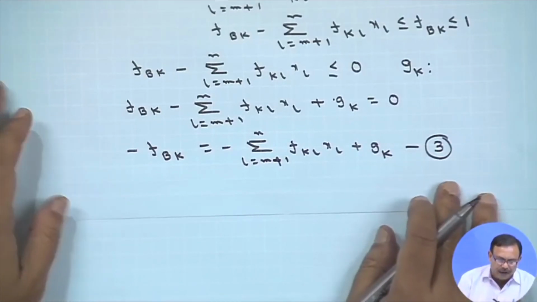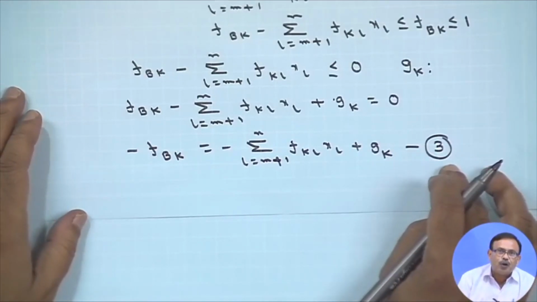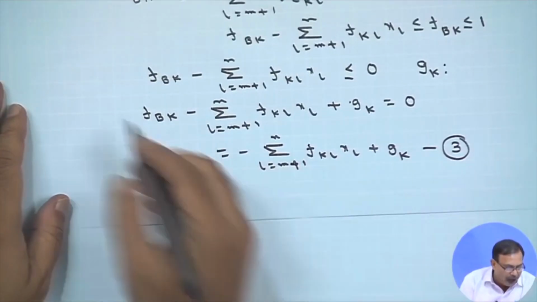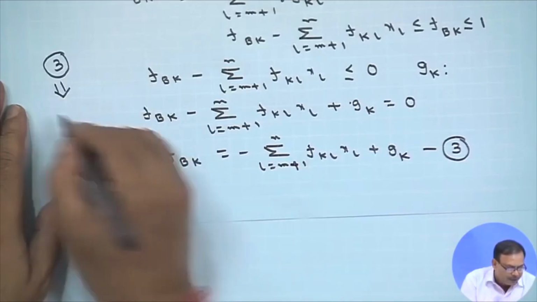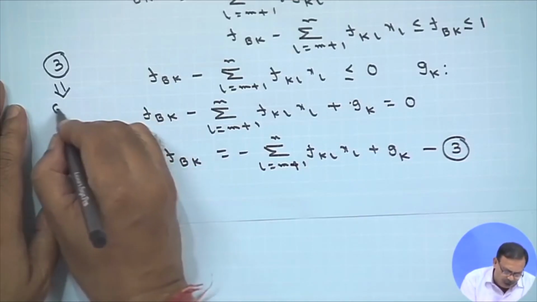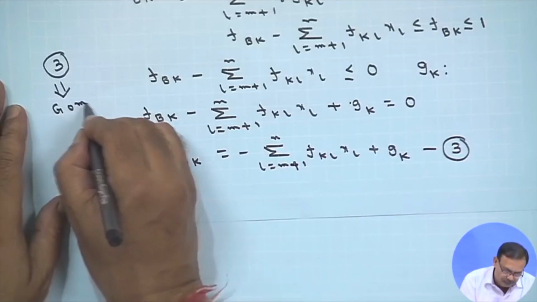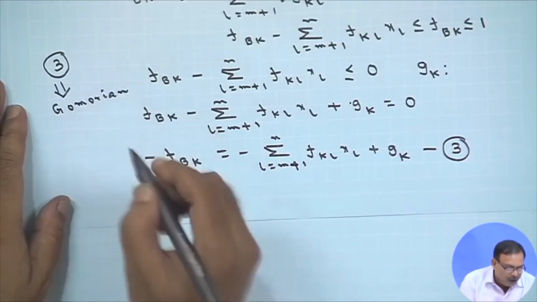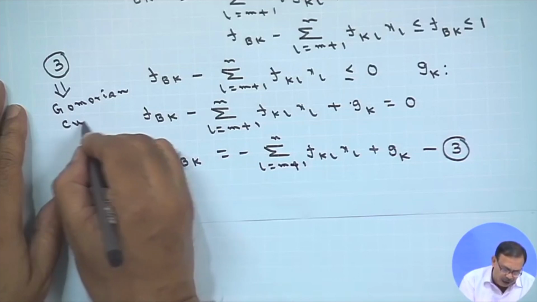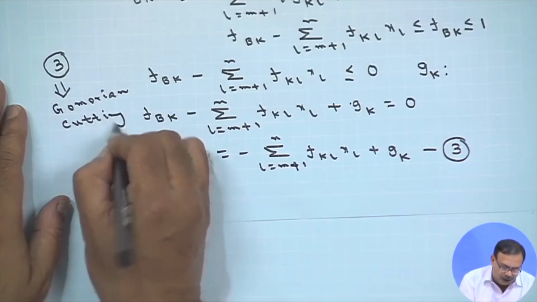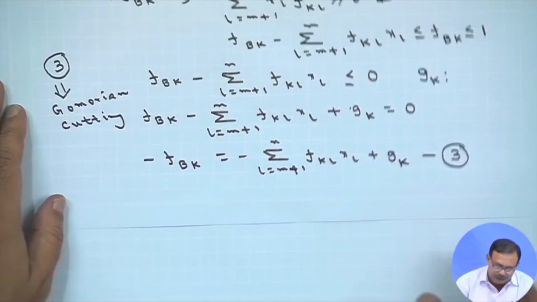This constraint, this equation 3, we call it the Gomorian cutting plane, or Gomorian cut. This is known as the Gomorian cut.